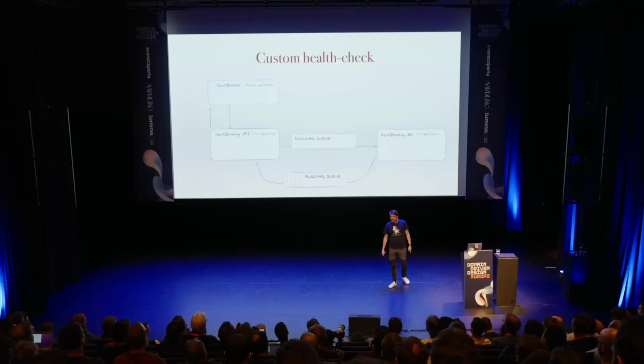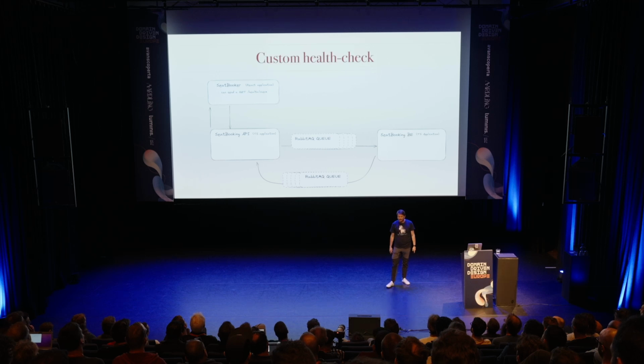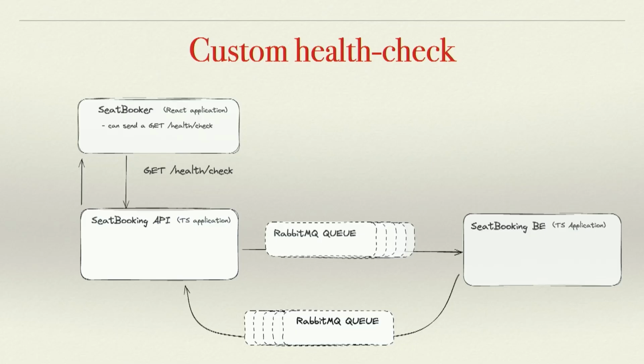So a custom health check. There is a GET endpoint that sends a GET health check and then responds with status OK. This is just to check that, yes, I have a backend up and running. It doesn't really show whether I can have all the components separately running and integrated nicely.